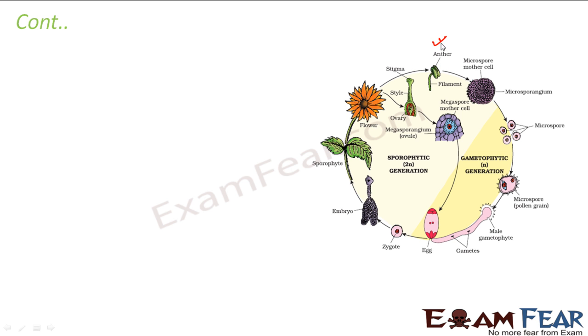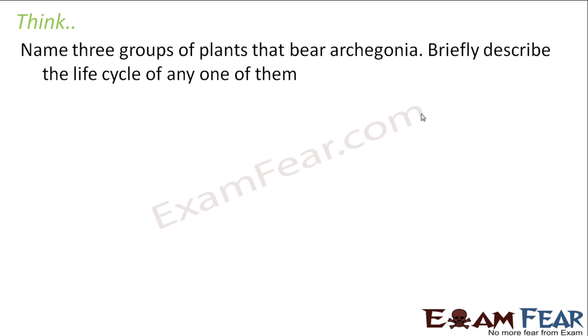That means the reduction division will take place in the anther and in the ovary of the pistil, because that is the place where the spores are actually formed, or the gametes are actually formed. So if you remember the life cycle, you can actually tell where exactly what happens. Let us look at the next one.